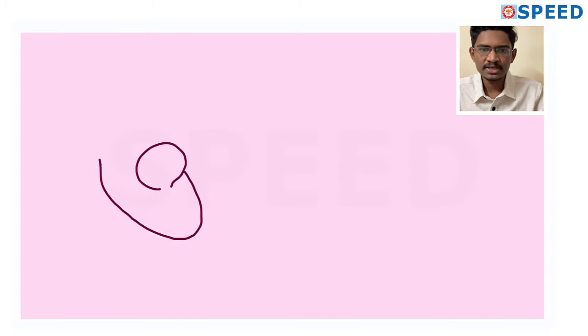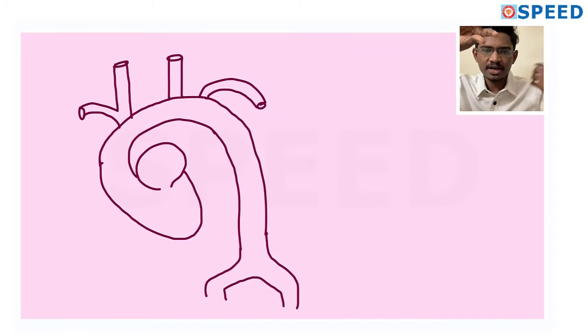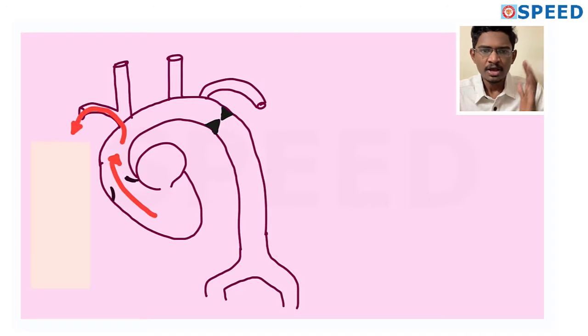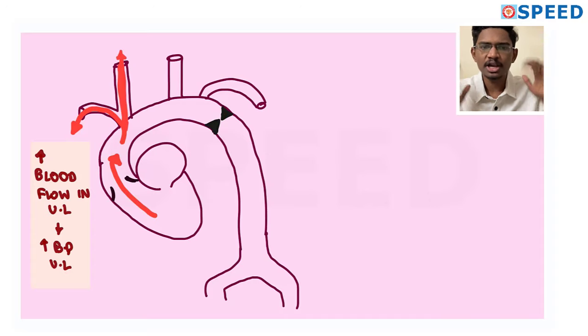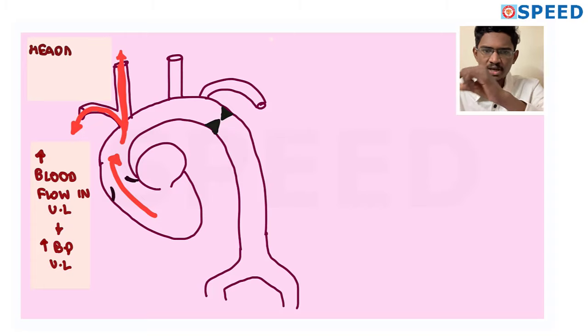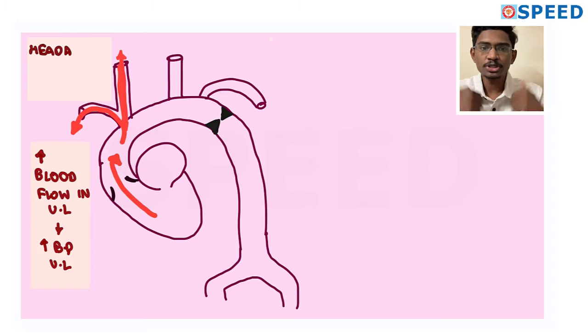What happens here is there is an obstruction after the origin of the left subclavian artery. Let's see logically what will happen in an aortogram picture. First, blood flow is increased in the upper limbs because there is stenosis in the distal portion. So blood pressure will be increased in the upper limb, and blood flow will also be increased to the carotid circulation.